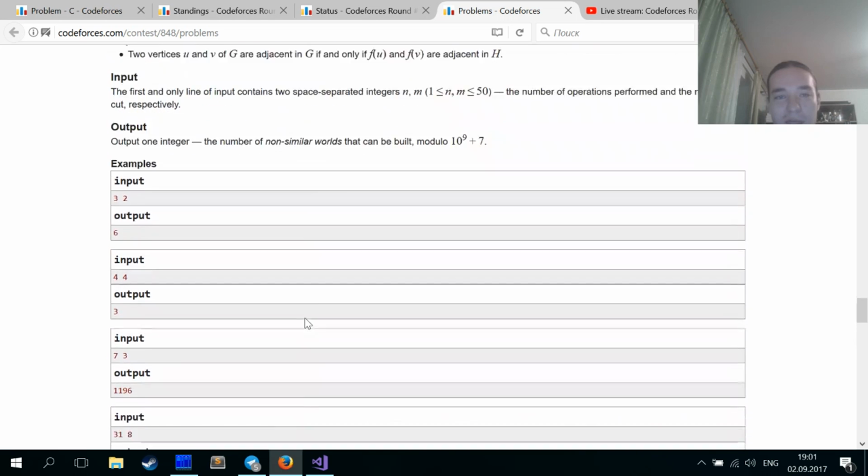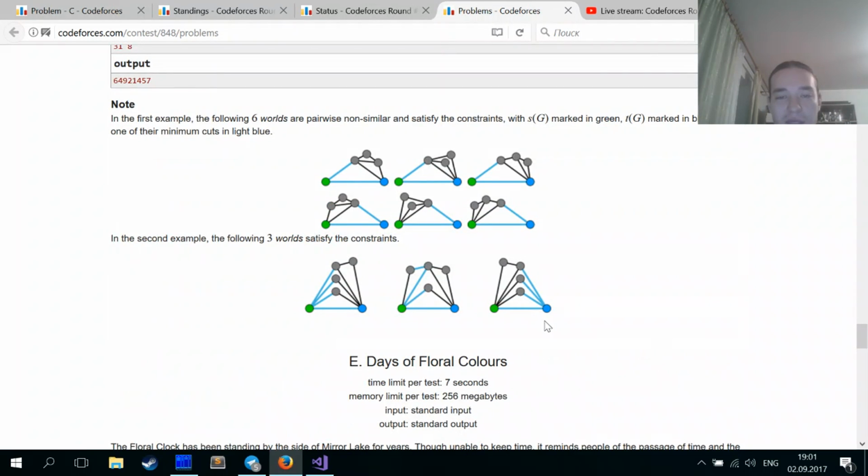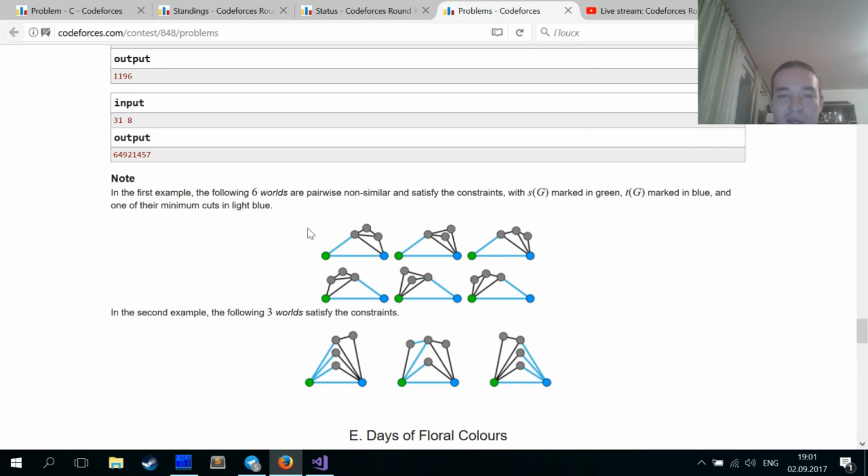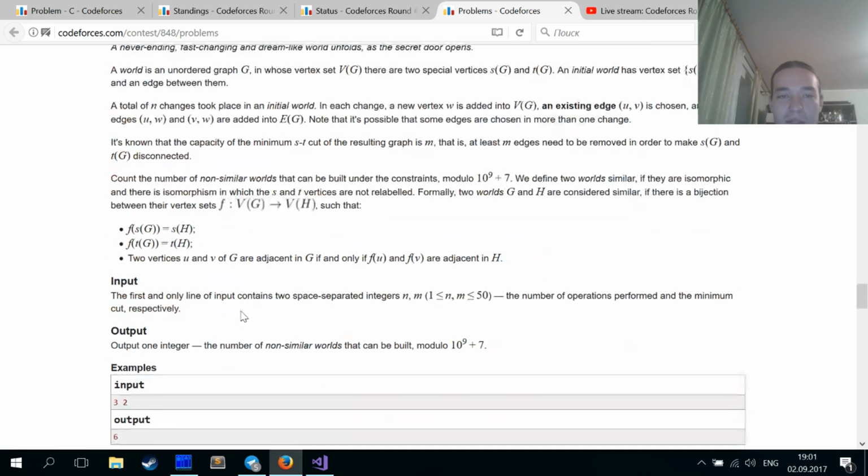So you have to count the number of different graphs that can be obtained, and by different I mean non-isomorphic, that is, relabeling the vertices other than the starting two doesn't change the graph. And you also have to count the number of these graphs with the specified value of minimal cut.